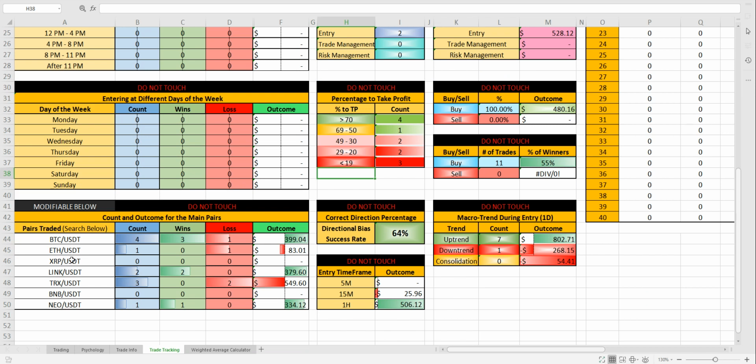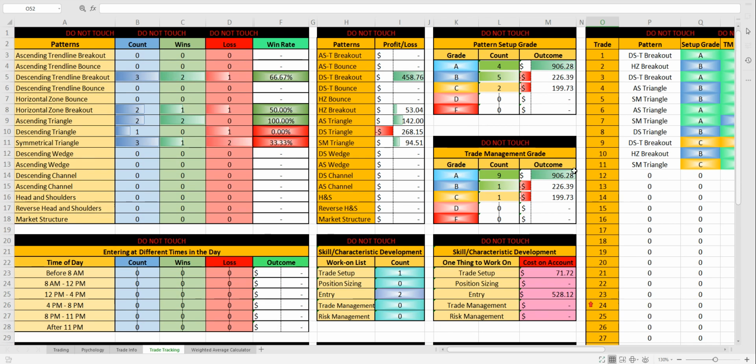Like if you're really good with trading XRP, for example, and you just really love the flow and the market structure, and some pairs just naturally kind of attract some traders, and maybe you're able to make more money that way. So you might stick to only trading some pairs if you're doing really well with trading them. So that's another opportunity that you could see. Obviously, there's many other things that you can extract from the information given in this Excel sheet.